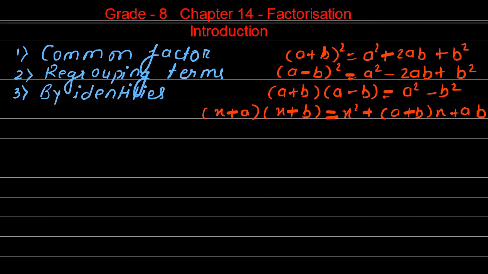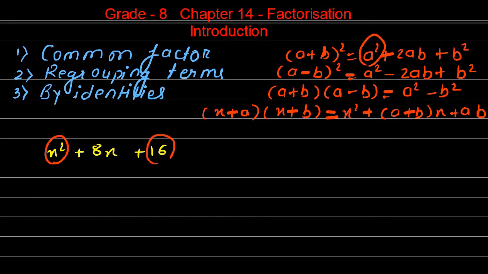Now if I take an example which is already there in the NCERT book, that is x square plus 8x plus 16. Now let me tell you how to identify that this expression belongs to the identities. You can see that you have x square, which is already there in identities.